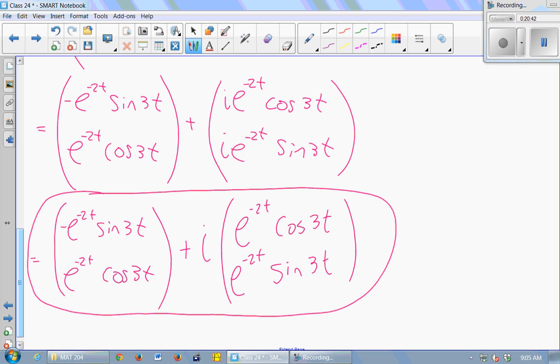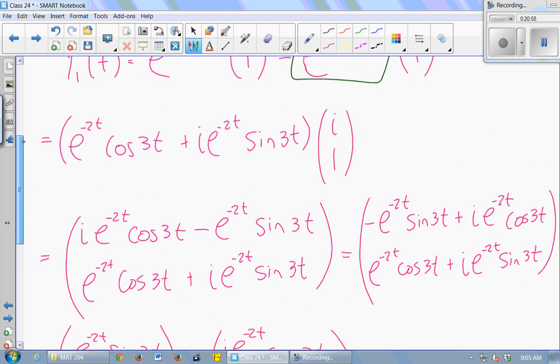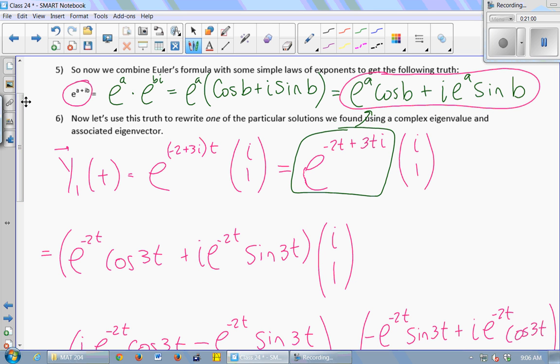Okay, so it took a little knowledge of some old algebra, but we really didn't do any high-level math here. We just were a little creative in how we rewrote the solution. So we started out with this guy, just e to the lambda t v.